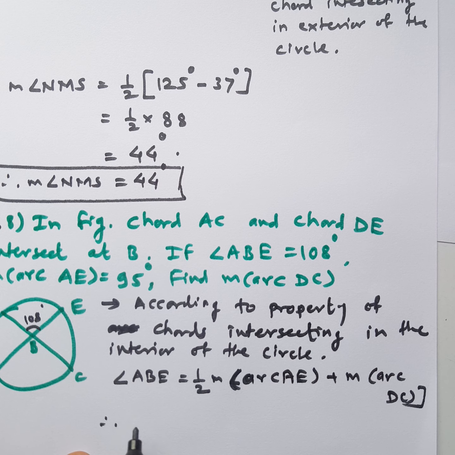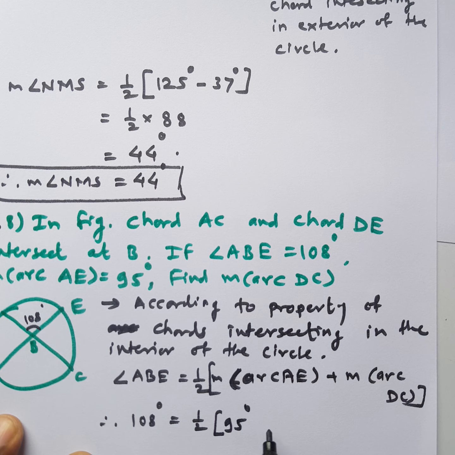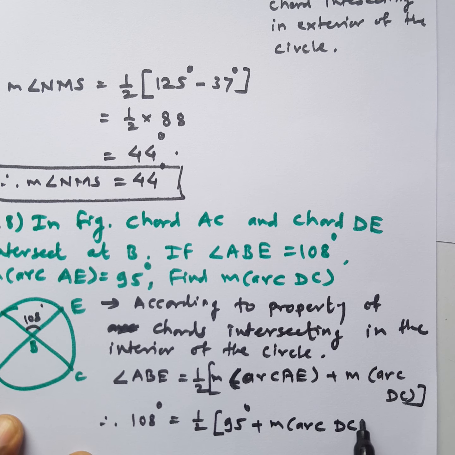Measure of angle ABE is given as 108 degrees, equal to 1/2 of measure of arc AE 95 degrees plus measure of arc DC.